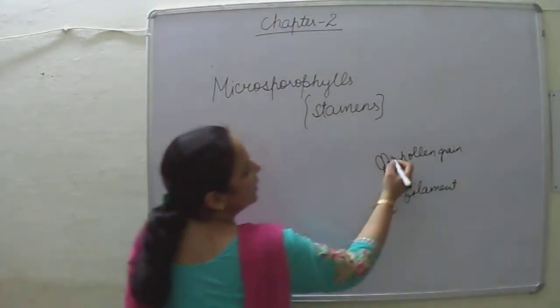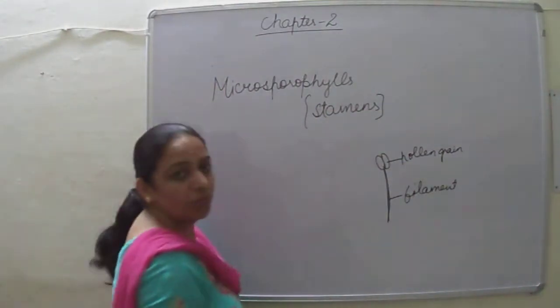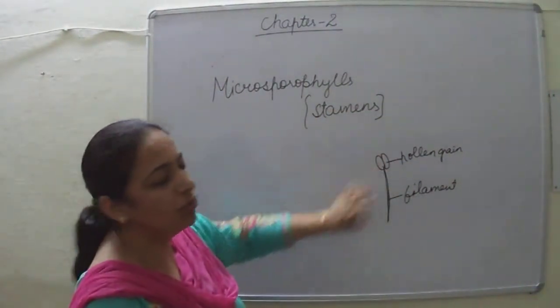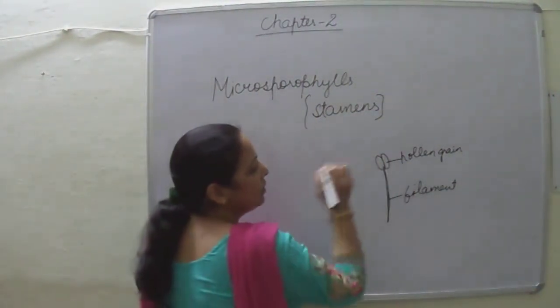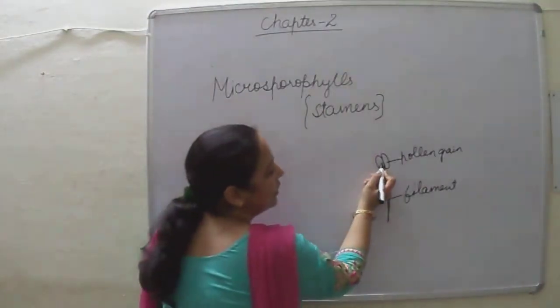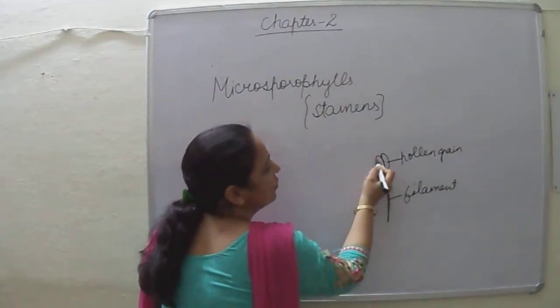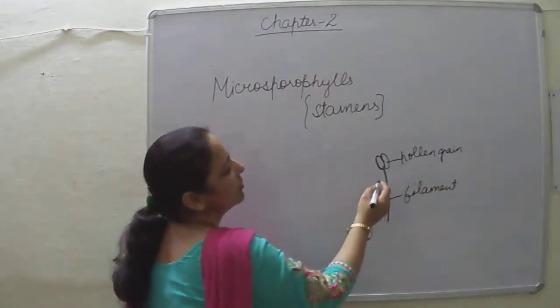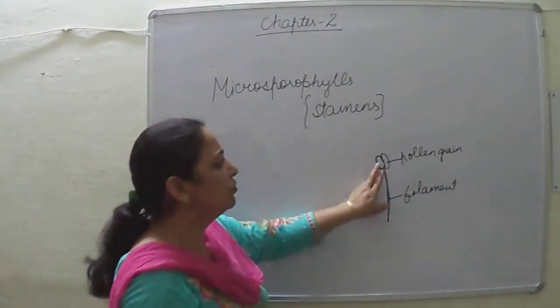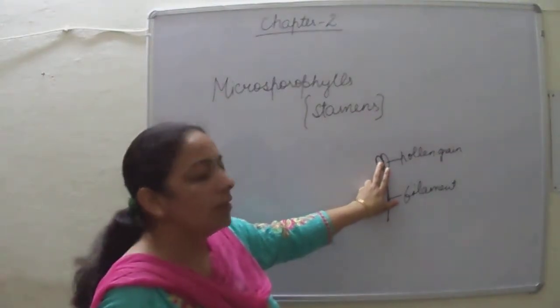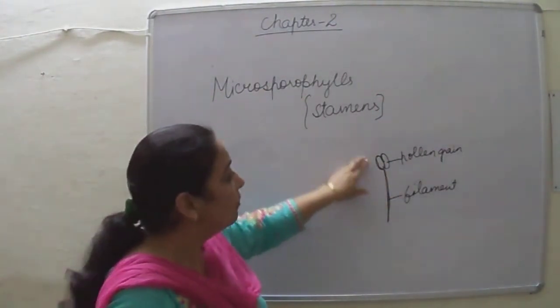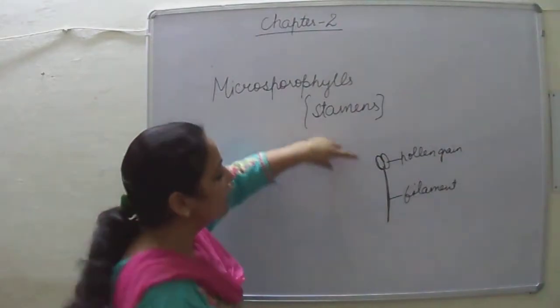From outside it looks like two chambers, but at maturity, this deep fissure groove looks from outside. At maturity, these two chambers become one chamber.